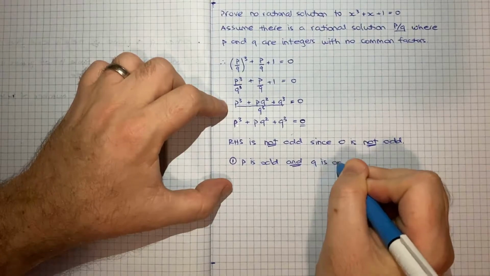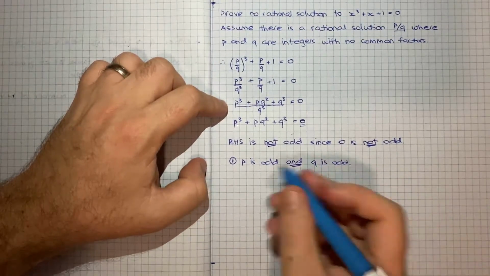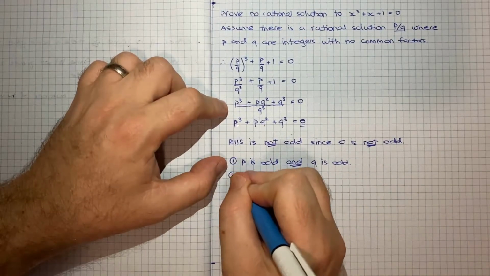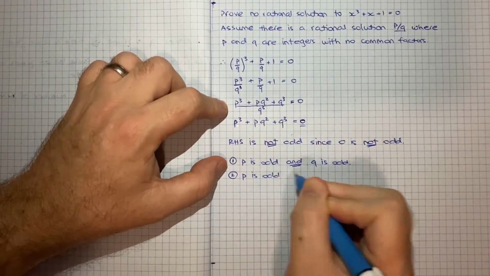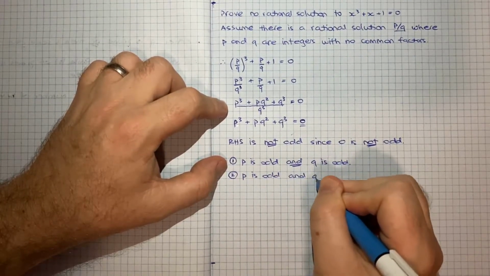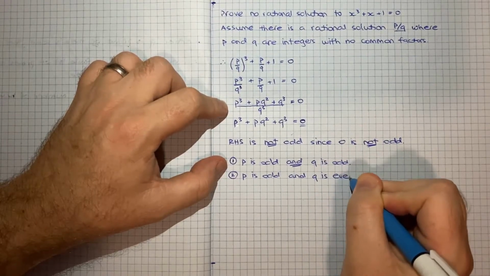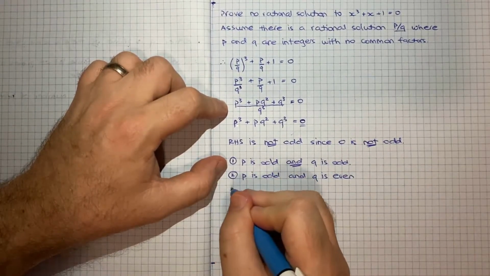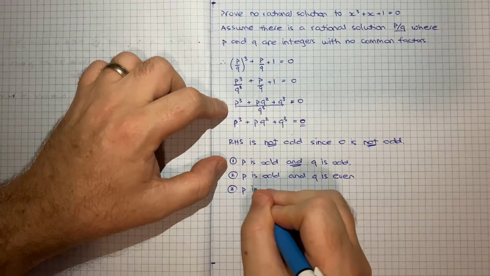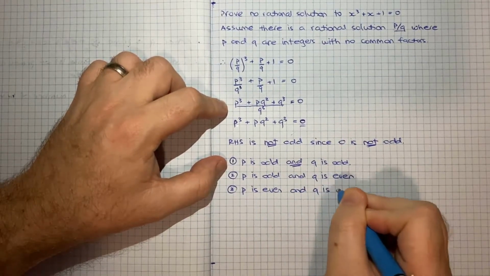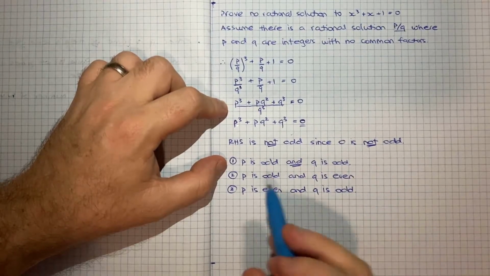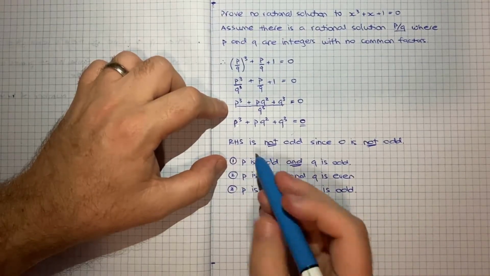So they're both odd. Case 2 would be, what would it look like if P is odd and Q is even? And then case 3 would be, what if P is even and Q is odd? And those are the three cases we need to consider.